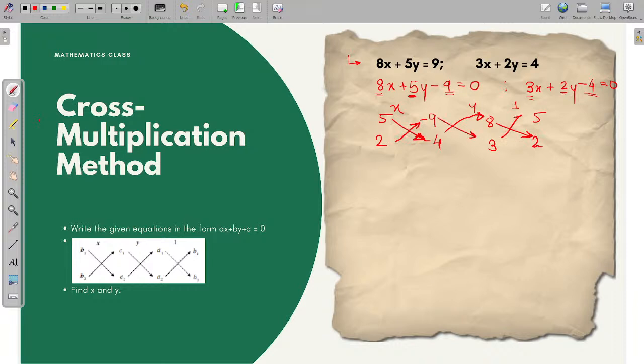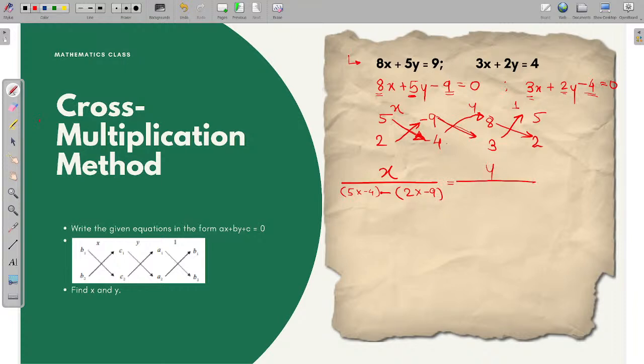Like this. So all you have to do is write x and put below it the cross multiplication numbers. So we'll multiply 5 into minus 4, and we'll subtract that with the other pair of numbers, that is 2 into minus 9. Now the next number is y. So for y do the same.